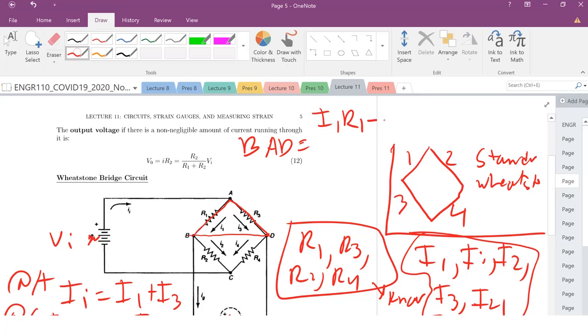I1 R1 minus I3 R3, and then going in that same direction, it's opposing there, plus IG RG equals 0. When I'm going across against the I1 direction, I'm going with I3. IG is going in this direction, so again I'm going against that current. So that is my first expression for BAD, my BAD loop. What about BCD?